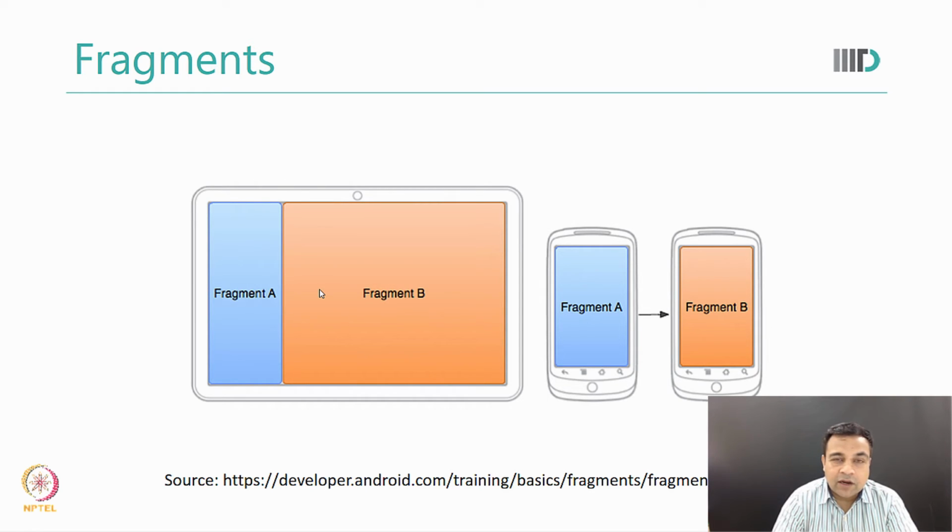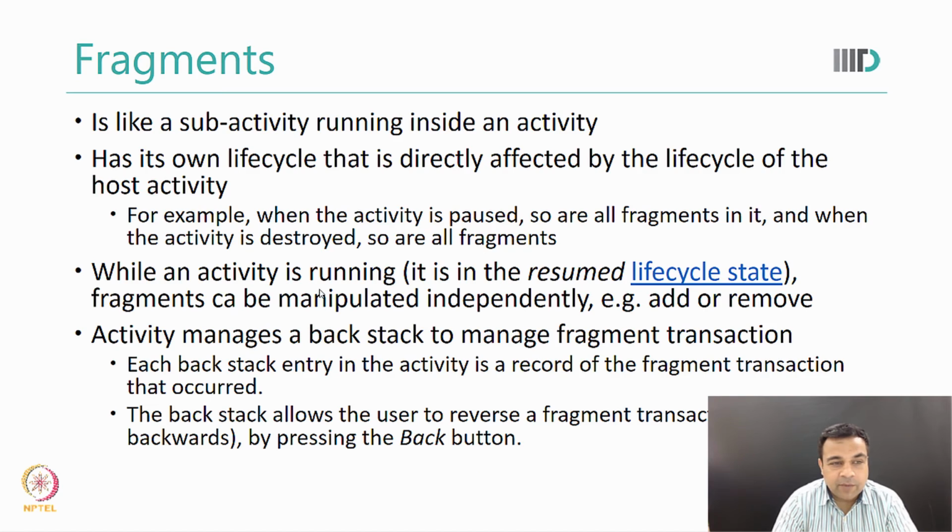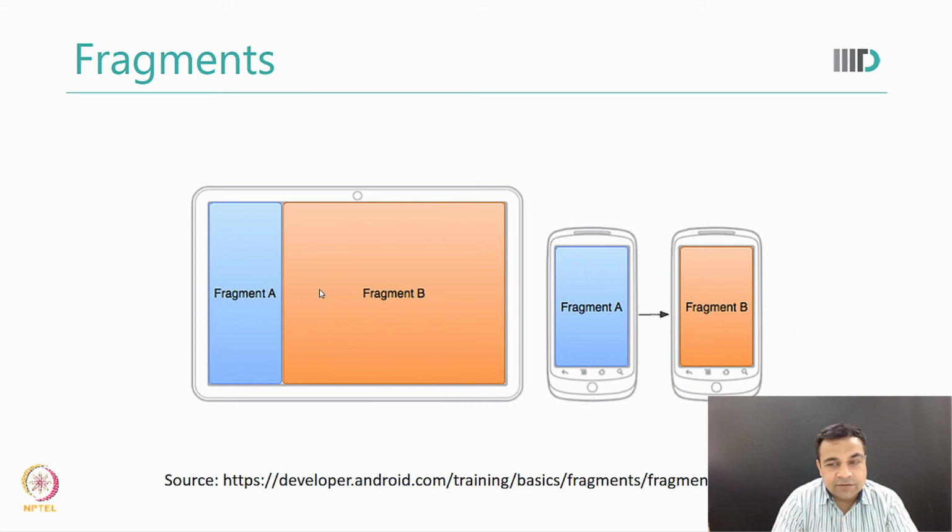So while we cannot show two activities as part of one activity, we can show two or more fragments as part of one single activity. So in a way, your fragment is actually like a sub-activity that is running inside an activity. Now you can see that this gives us a lot of freedom when we want to develop.